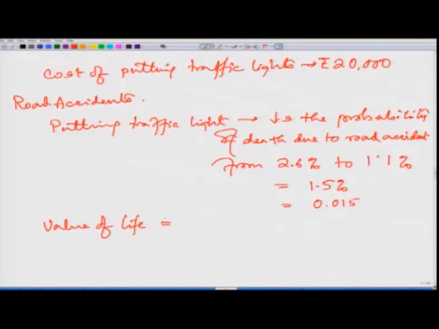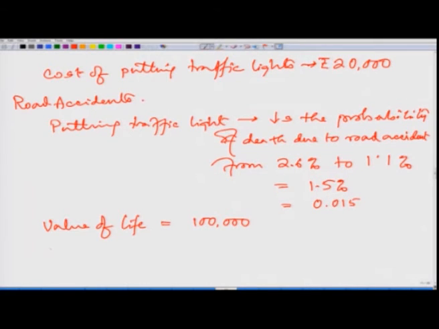So let us say the value of life that could be saved, in terms of compensation as well, is 100,000 rupees.